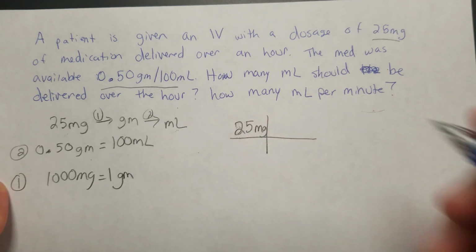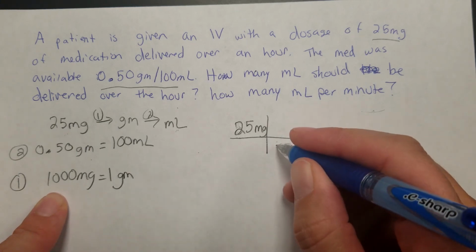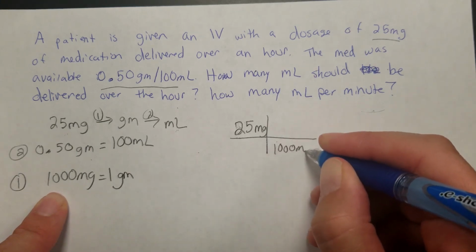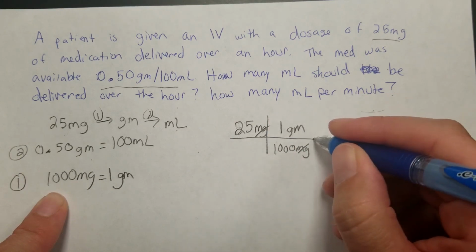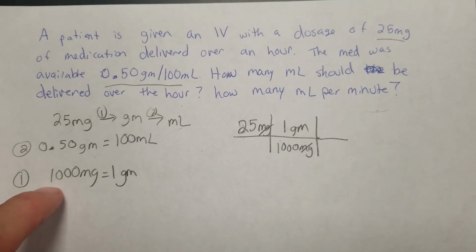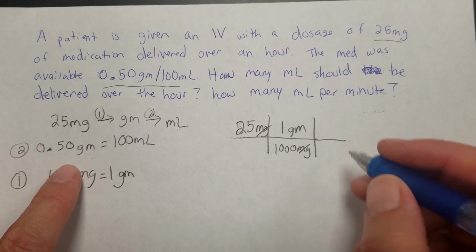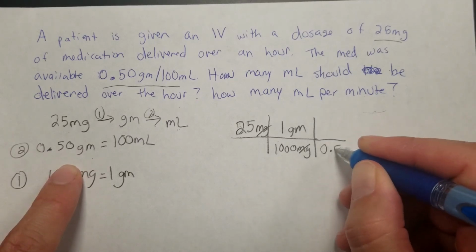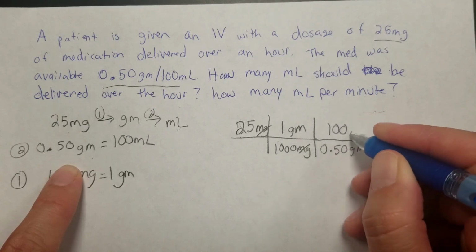25 milligrams. All right, so first conversion factor, put the milligrams on the bottom, the gram on the top. So now we know how many grams to give the patient, but we want to know how many milliliters, so the second conversion factor will get us there, putting the grams on the bottom this time, and the milliliters on the top.